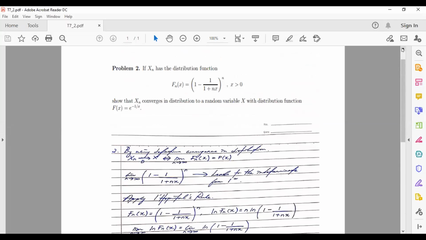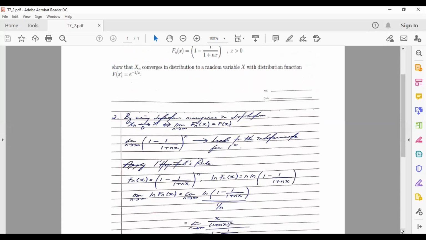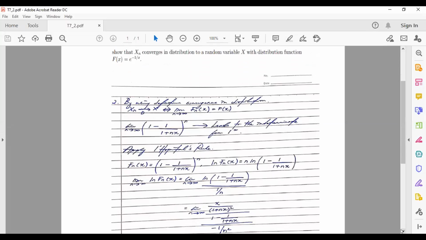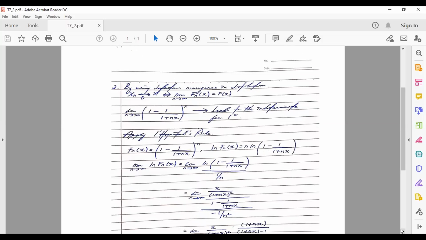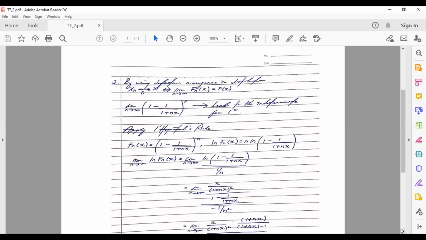So basically question 2 asks us to show that xn converges in distribution to a random variable x with distribution function Fx equal to exponential to the power of -1 over x. By the definition of convergence in distribution, xn converges to a random variable x in distribution if and only if the limit as n to infinity of Fxn is equal to Fx. So now we need to find the limit of Fxn, but the limit leads to the indeterminate form.